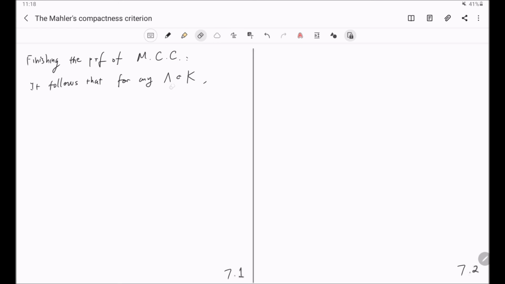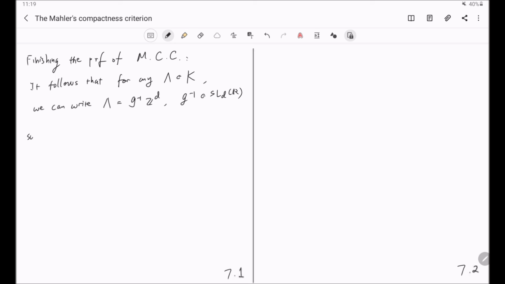For any lattice in this K, we can write lambda as G inverse times Z^d, where this G inverse is in SL_d(R).